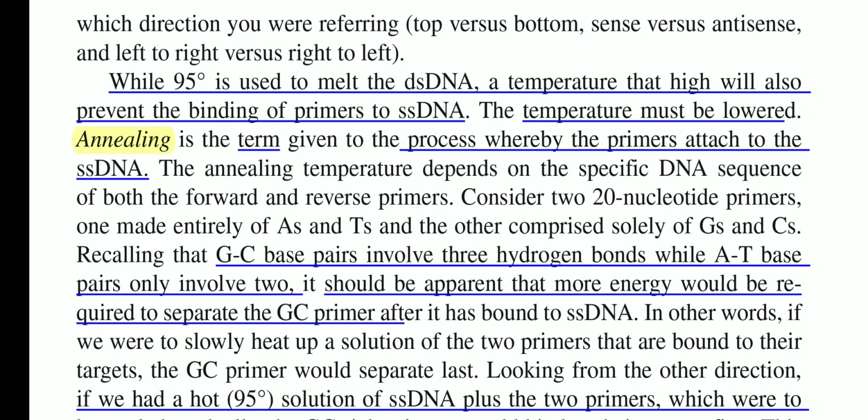So to maintain the temperature requirement and to stabilize the structure within a critical temperature: because GC requires high temperature and AT requires low temperature, and we are making this gradation, it will be difficult for the annealing process.